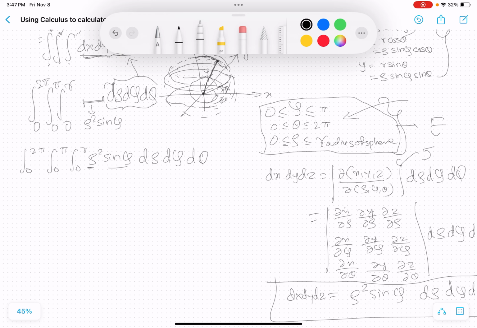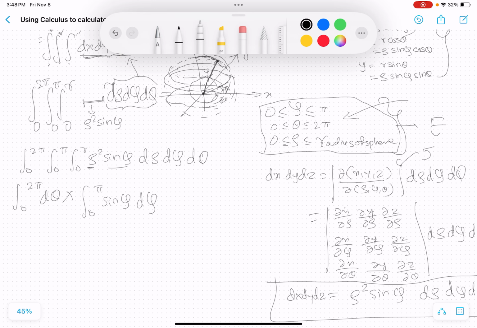So there's no theta in the function, so just the integral from 0 to pi of sine phi d phi, right, guys? And I noticed that the area from the upper portion might cancel the area from the lower portion due to the negative sign, and as a result of cancellation, the answer might come 0.